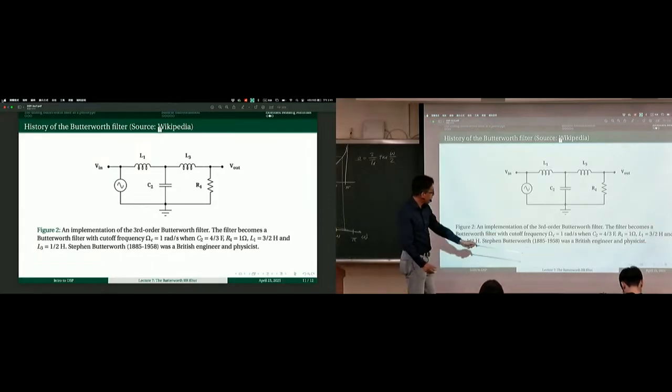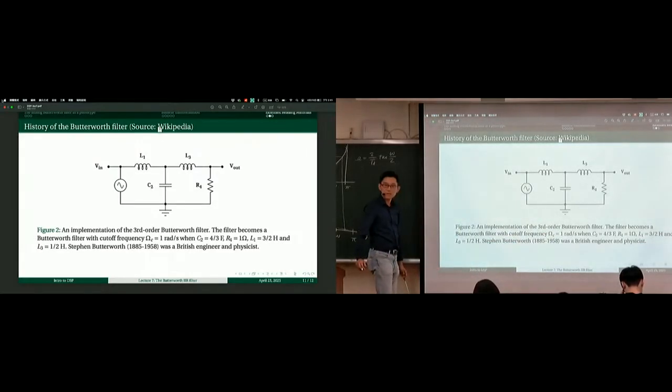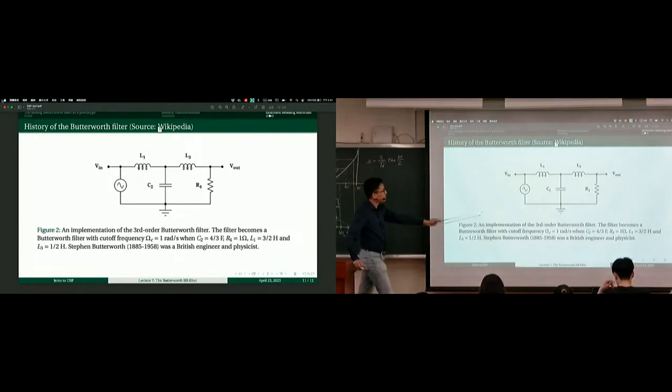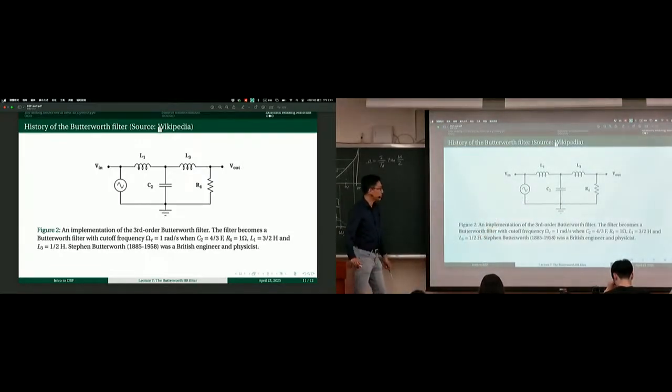And if the capacitor is 4/3 farad, then you can show that the transfer function between the output and input turns out to be that of a third-order Butterworth. So historically, it's about circuit design. And you can generalize. If you're interested, there are some further readings you can find from Wikipedia.